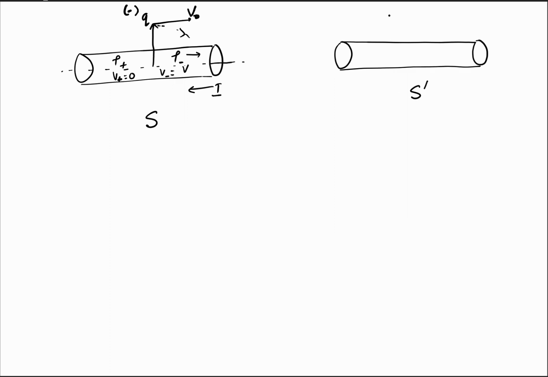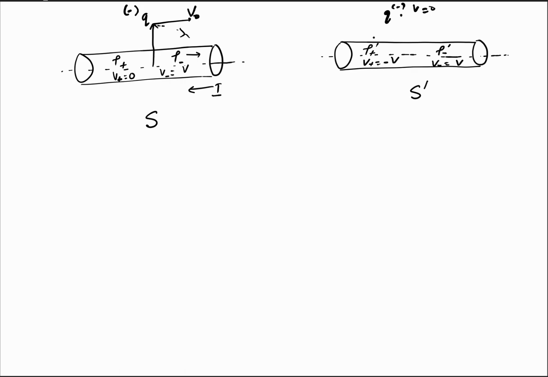So in this frame, the charge Q is at rest, so its velocity is 0, and the negative charge density is now rho dash minus, and positive charge density is rho dash plus. They will be moving at some velocity. V plus should be equal to minus V, and V minus should be equal to V.